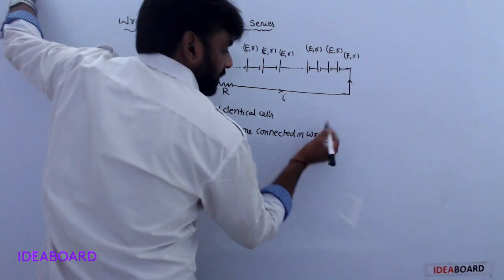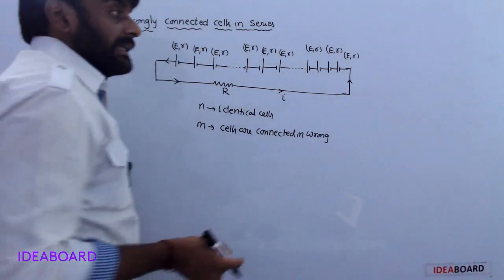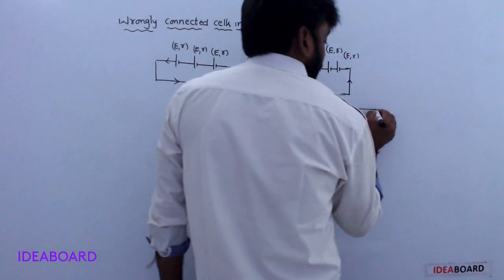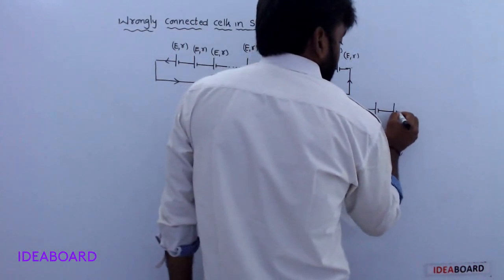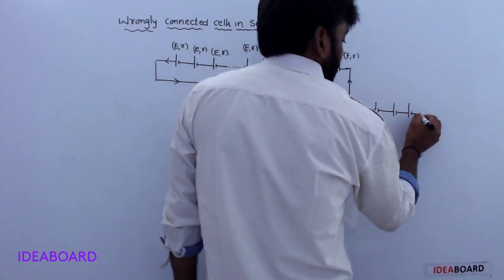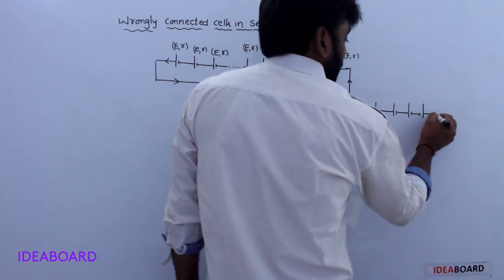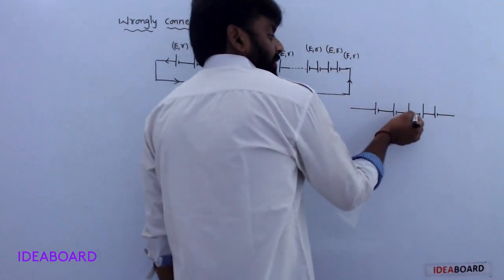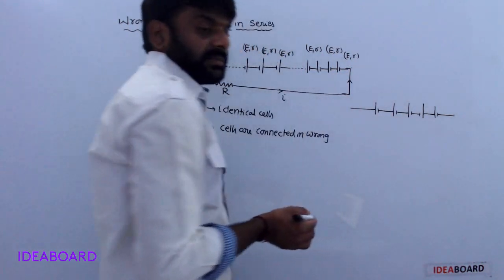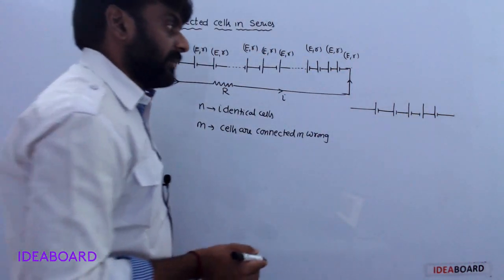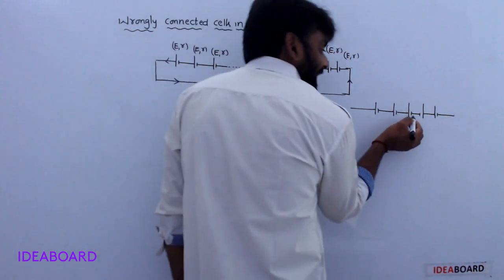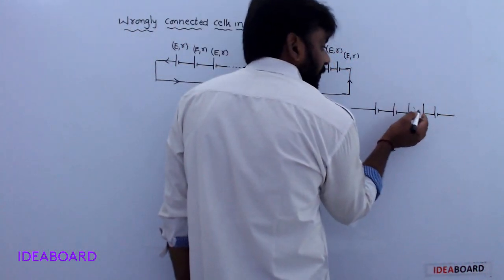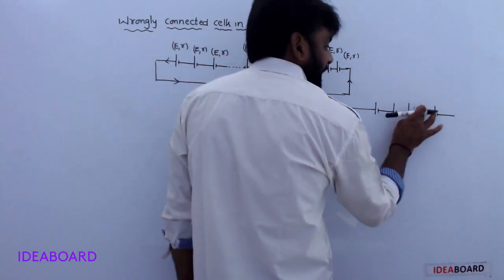Consider here cells 1, 2, 3, 4, 5 connected. Understood? One cell is connected in the wrong way.